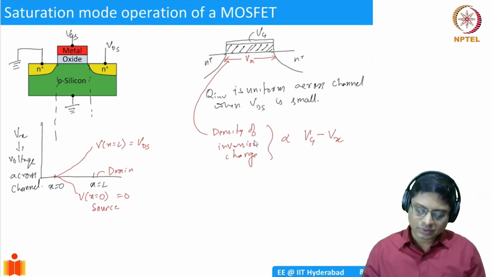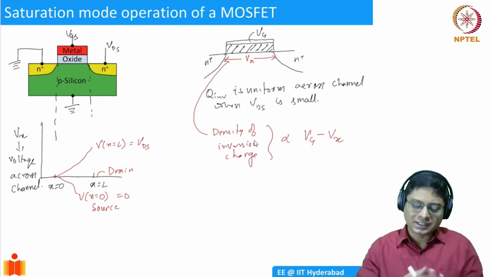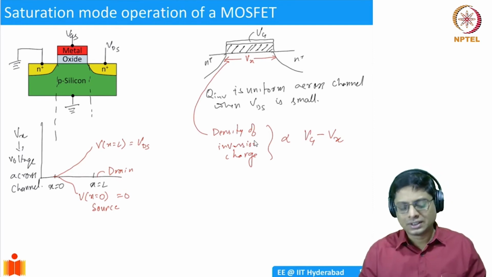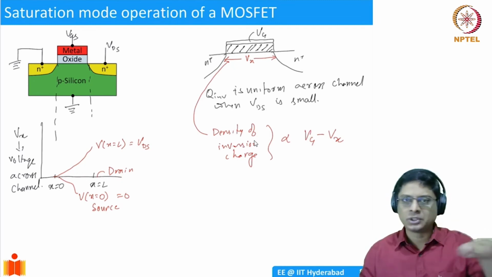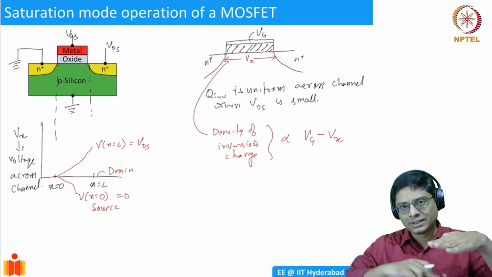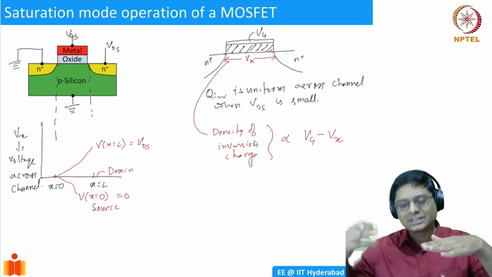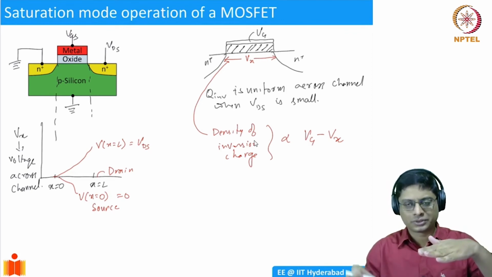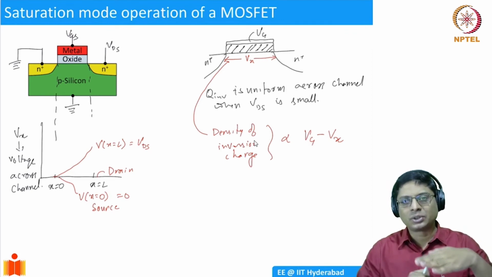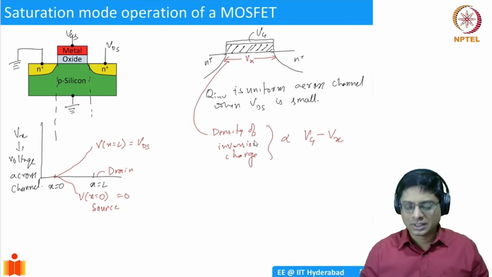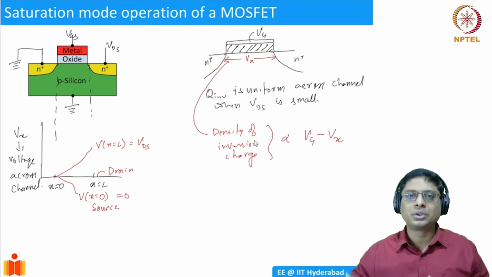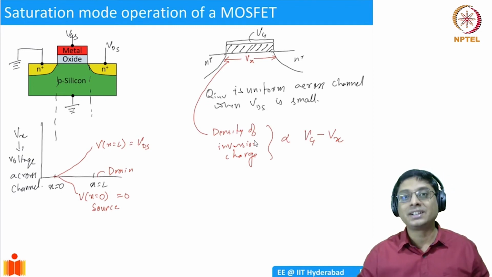You could think of the entire oxide as tiny MOS capacitors, each of them having a different voltage on the second plate. The top plate metal is all uniform gate voltage. But in the bottom plate, it's a semiconductor which is depleted, so there's going to be some resistance, and we are now applying a voltage across the channel. So there's going to be variation of voltage across the channel, because of which the density will actually reduce as you go towards the drain side, because Vx is increasing, right?